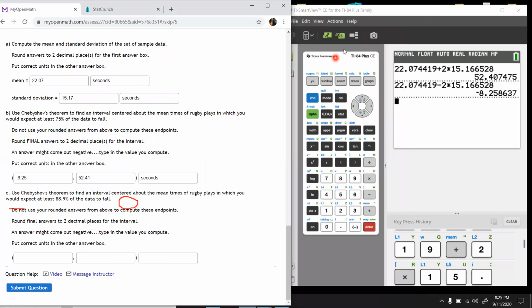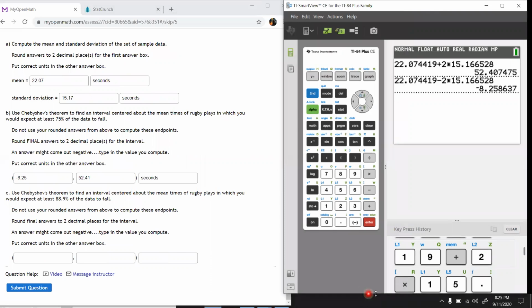And I need to clear my drawings. So for this problem, I will take the same numbers that I have right here. I already have the mean and standard deviation. And I will come up with the upper limit and the lower limit.